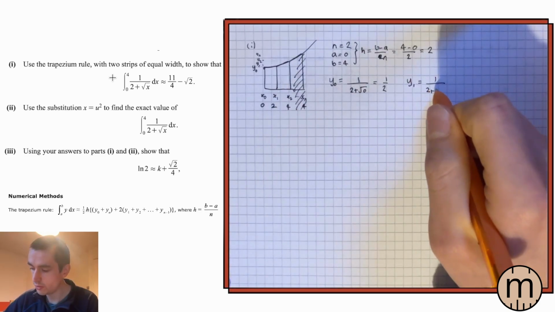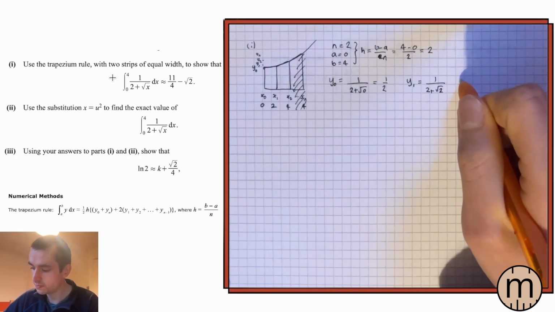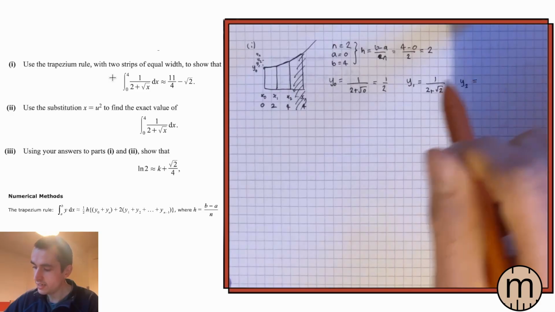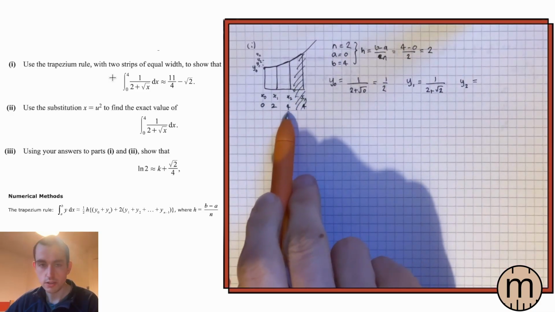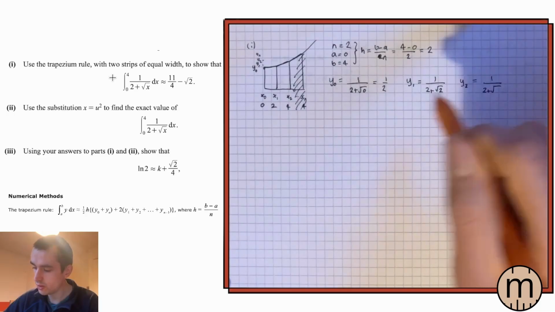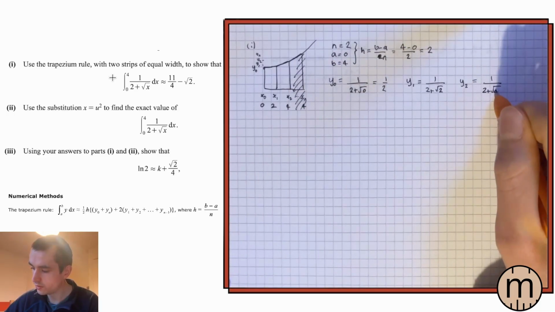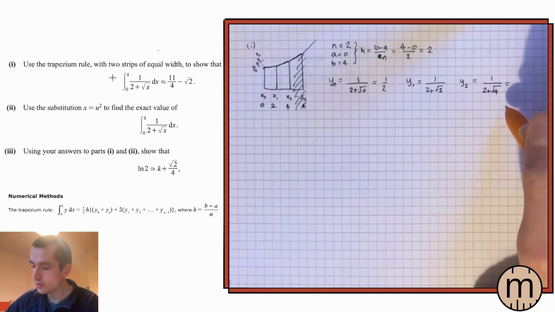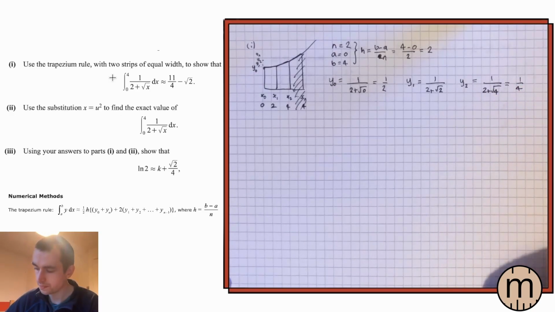So 1/2 plus root 2. And then finally, what's y2? y2 corresponds to x2. 1/2 plus the square root of 4. Square root of 4 is 2. 1/2 plus 2 is 1/4.